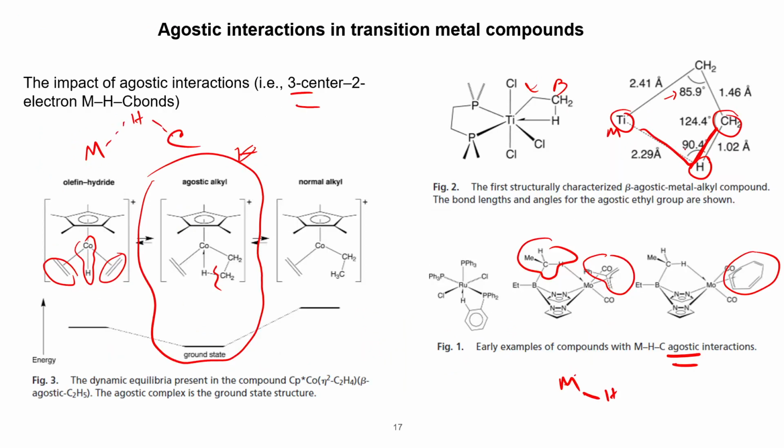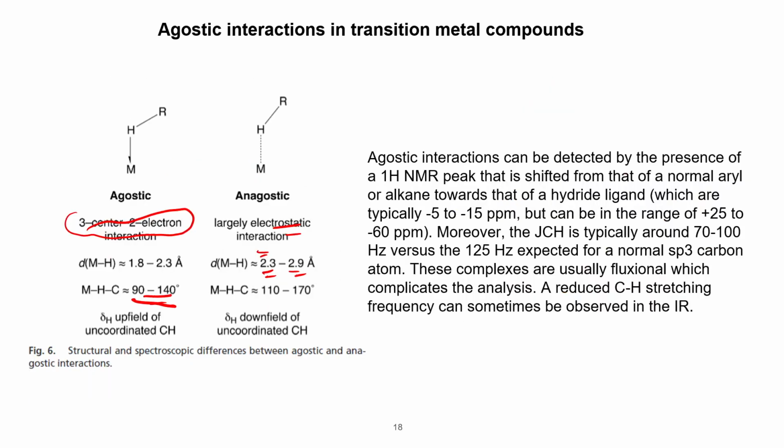Here we are seeing only 90.4 degrees, so it is in the range. For anagostic, it varies from 110 to 170, much higher, because the bond length is also higher. Some relaxation there is obviously present, because there are long chains like this.